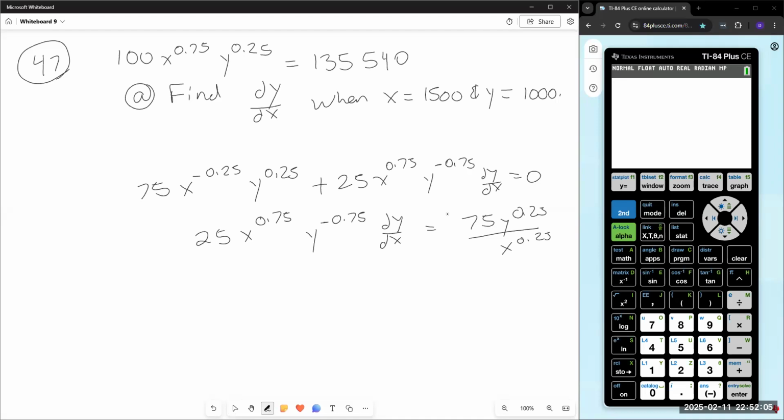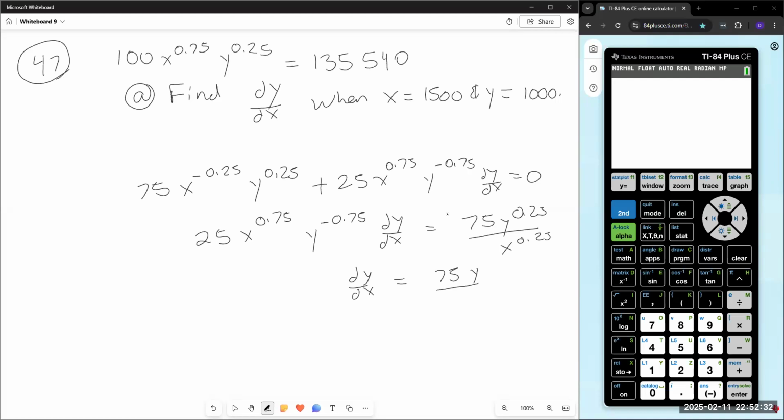So multiply both sides by y to the 0.75, and we get dy/dx is equal to 75y. Divide both sides by x to the 0.75.